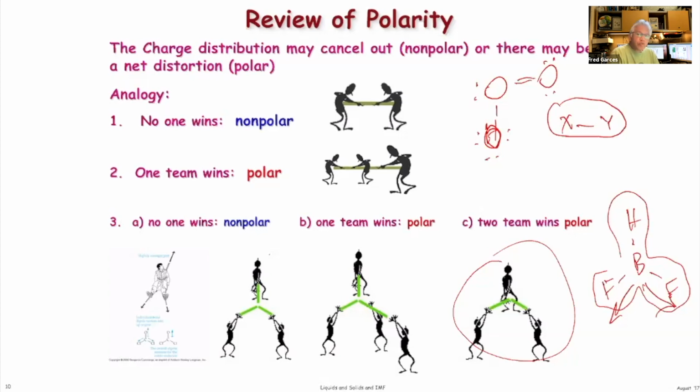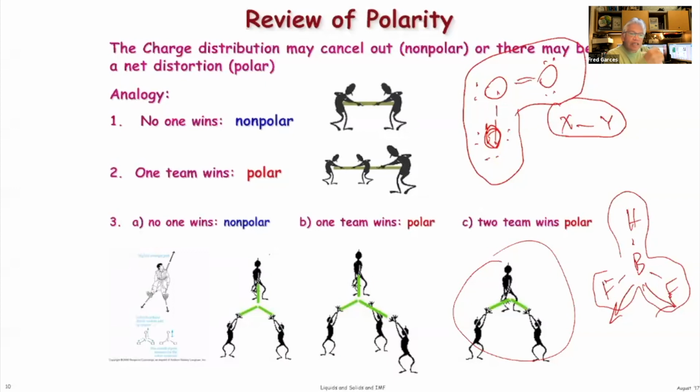The reason is that hopefully you recognize this is a bent chemical. Because it's bent, the two oxygens on the ends are pulling on this one oxygen with different strength, and so you have a distortion of the electron cloud.